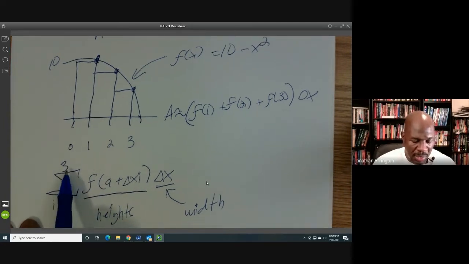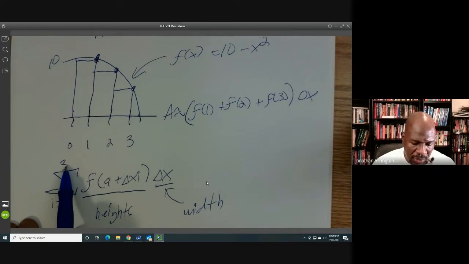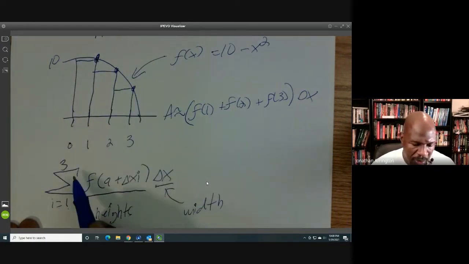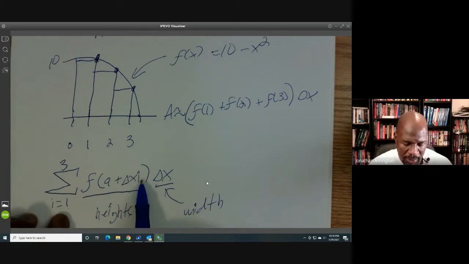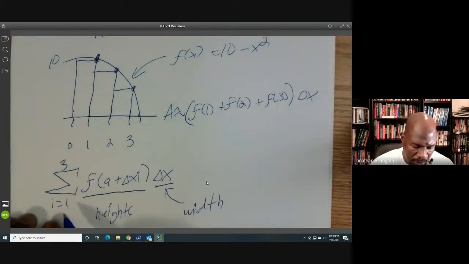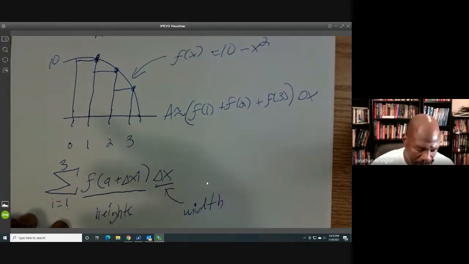And this 3 here doesn't come from the 3 from b, the ending of the interval, but the 3 from n, being 3 subintervals. So this 3 correlates to n, the number of subintervals. And, you know, a happened to be 0, so you have 0 plus 1 times 1. And for each iteration, i goes up 1. So the first iteration, i is 1, and then i is 2, and then i is 3.